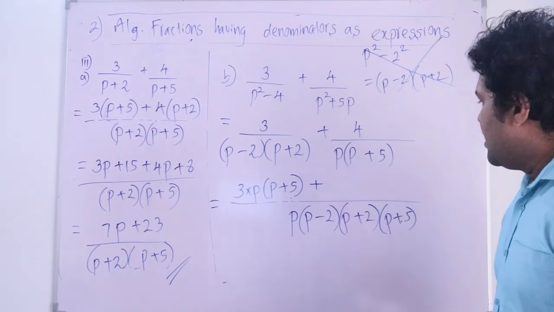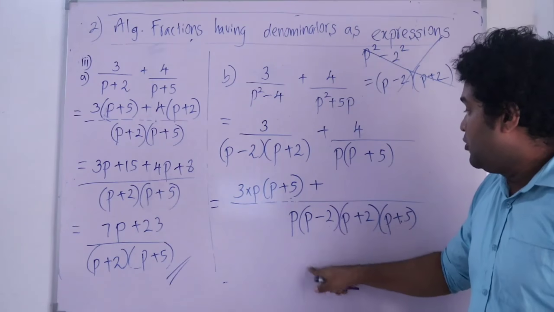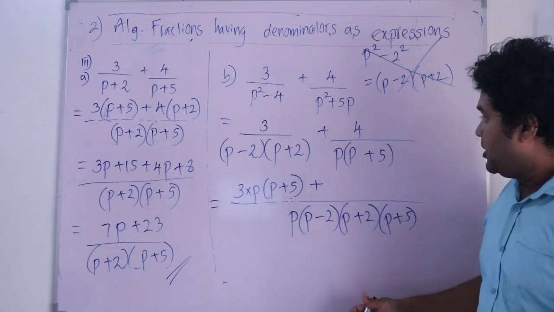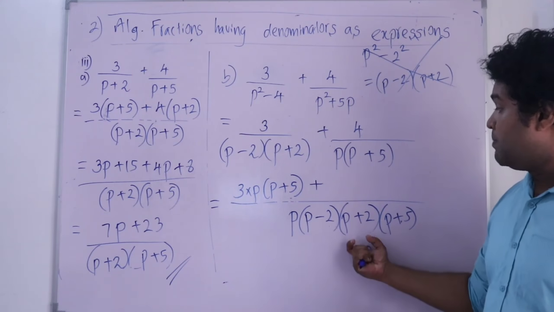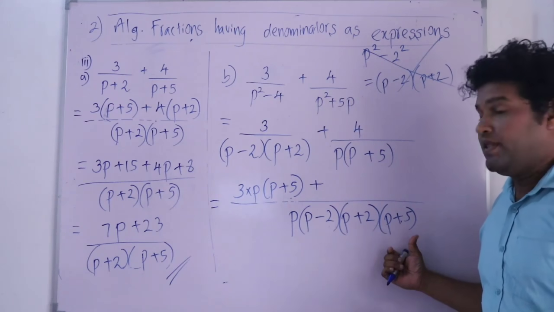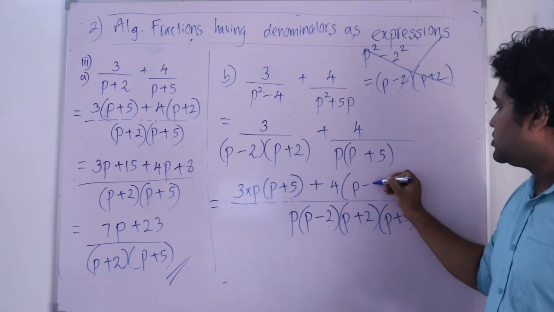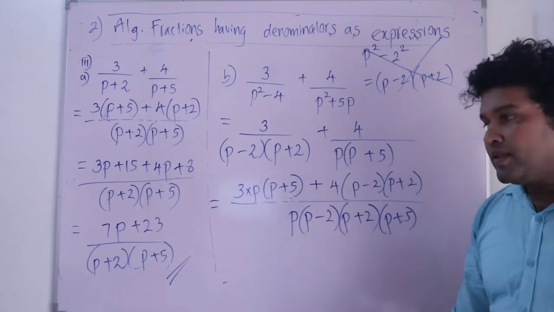Plus, with the denominator p plus 5. Now you have p minus 2, p plus 2, p plus 5. But the denominator you had was p plus 5. Now you have p minus 2, p plus 2 other than the p and p plus 5. Therefore, you have to multiply 4 by p minus 2, p plus 2. Okay? Right.